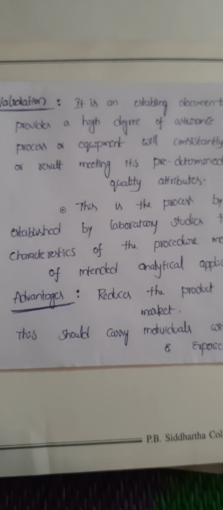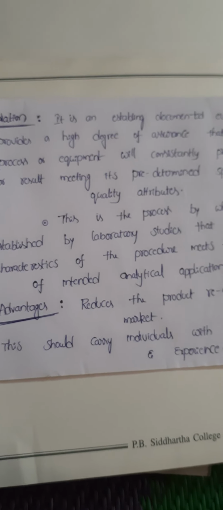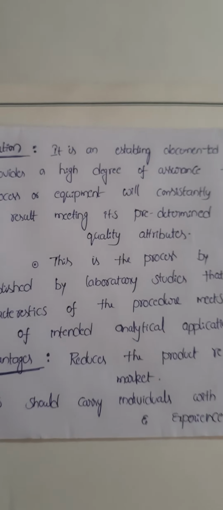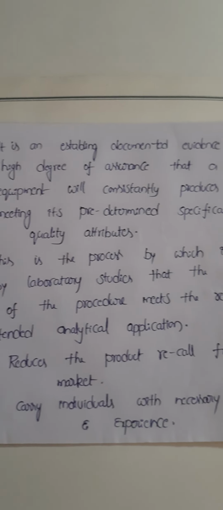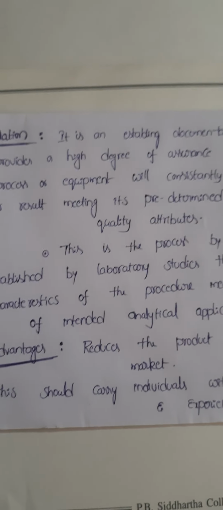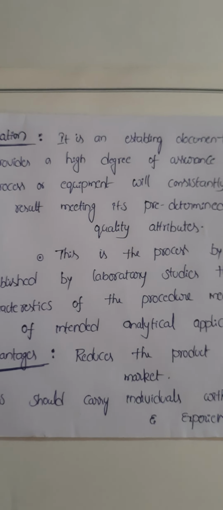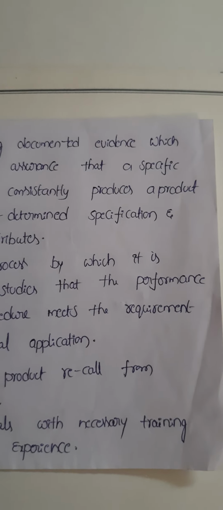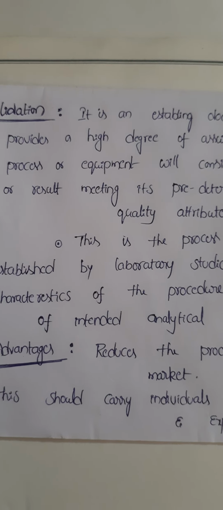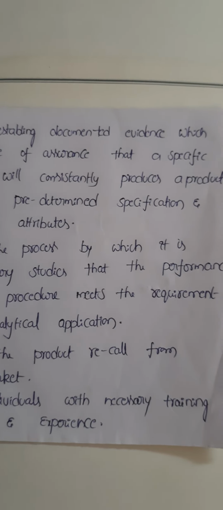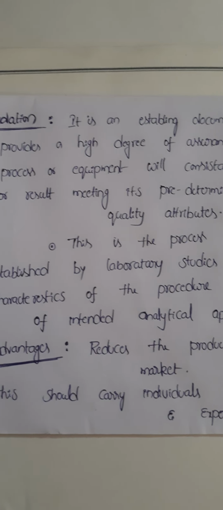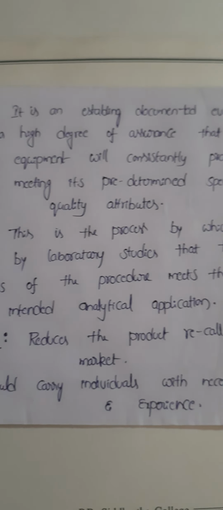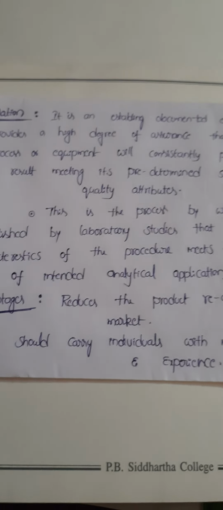Coming to the definition of this validation process, it is an established documented evidence which provides a high degree of assurance that a specific process or equipment will consistently produce a product or result meeting its predetermined specification and quality attributes, right?